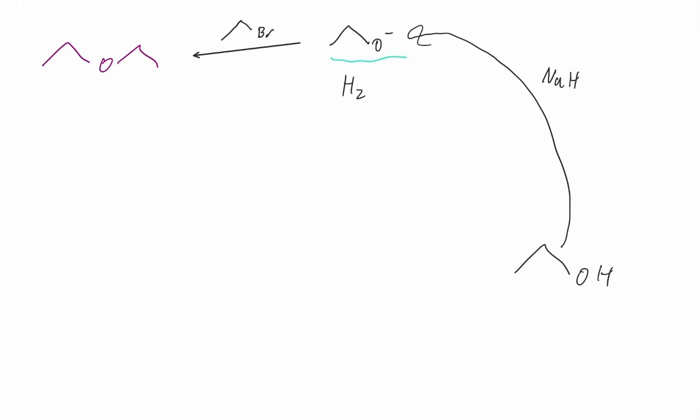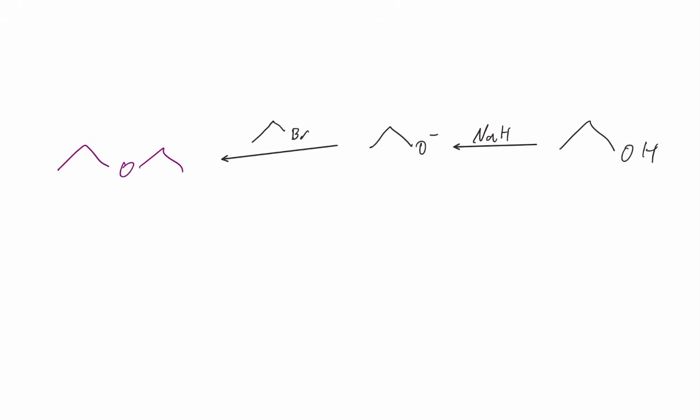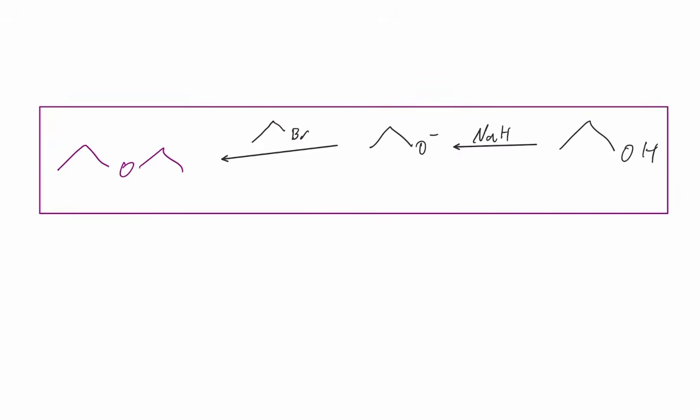And because it's gas, it will leave the solution on its own, so this would be an irreversible step, which would make our synthesis more efficient. But with that being said, this is a complete synthesis for this reaction.